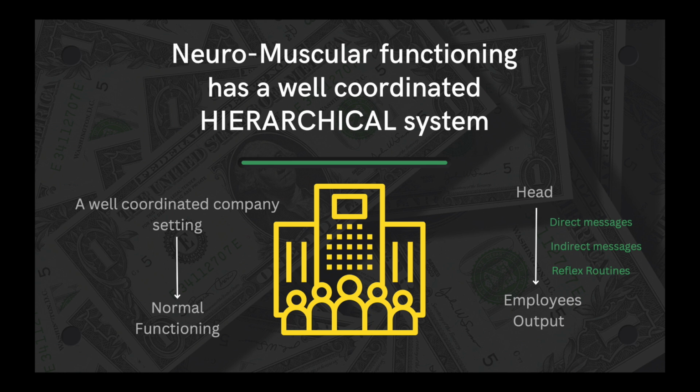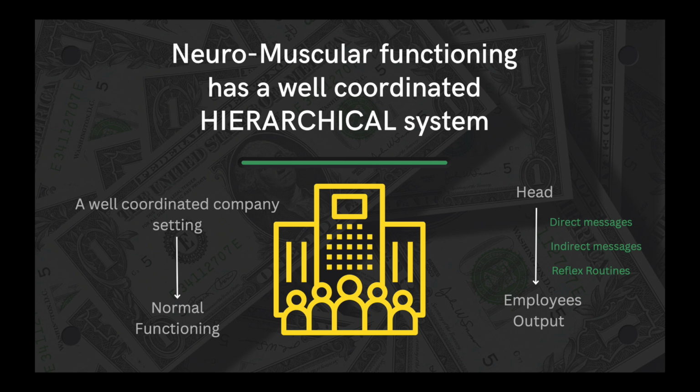Now, how these orders are communicated from the boss to the worker is important to understand. Number one, the old fashioned way. A peon takes the orders in a file and gives it to the employee. That's how the direct coordination happens from the brain and spinal cord to the skeletal muscles. They have direct nerve communication.